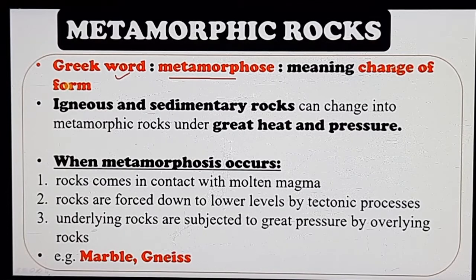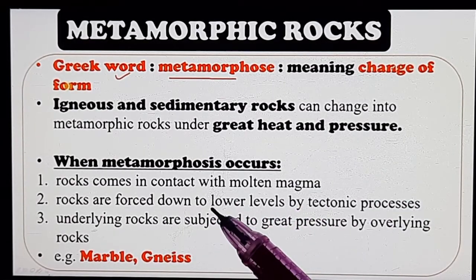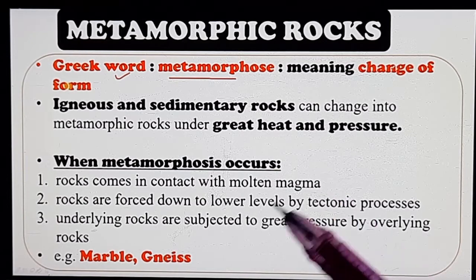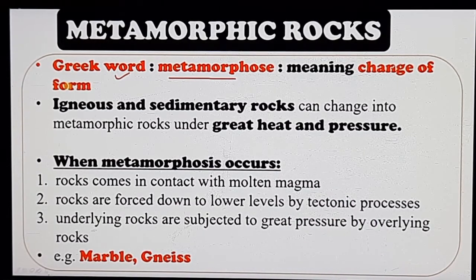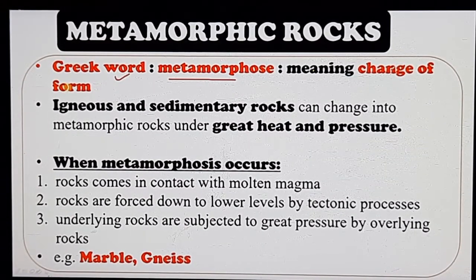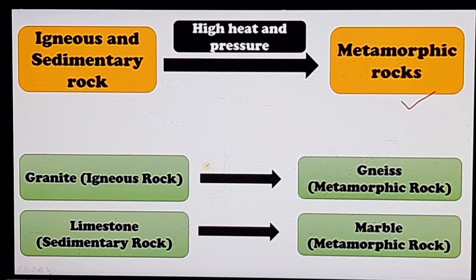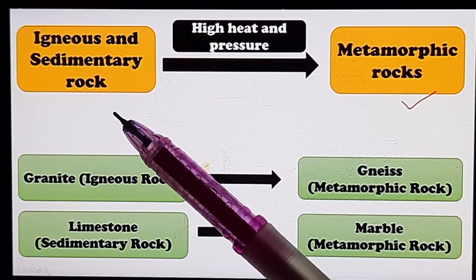And when metamorphosis occurs, when rock comes in contact with molten magma, then rocks are formed down to a lower level by tectonic processes. Underlying rocks are subjected to great pressure by overlying rocks. An example, marble and granite also. Just look at the flow chart here, igneous and sedimentary rock.